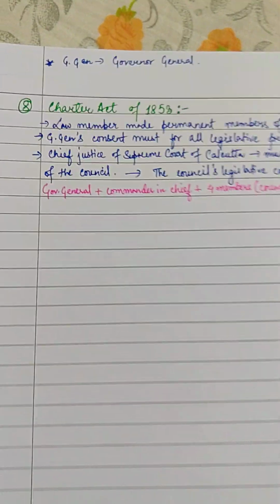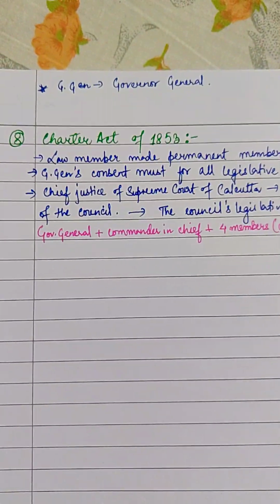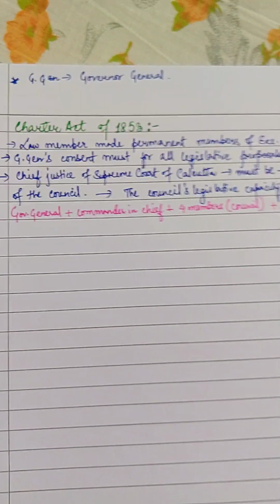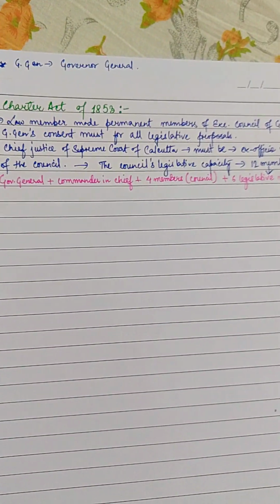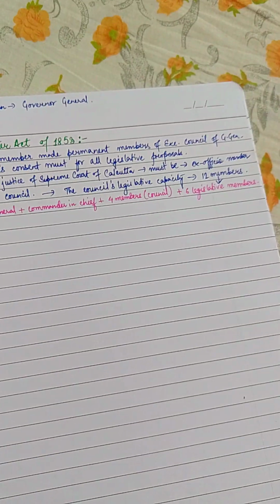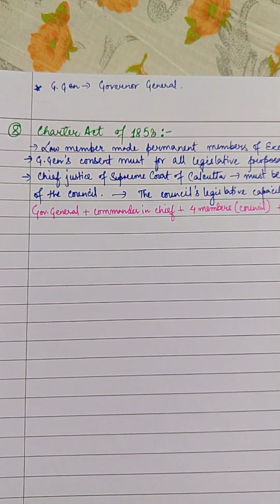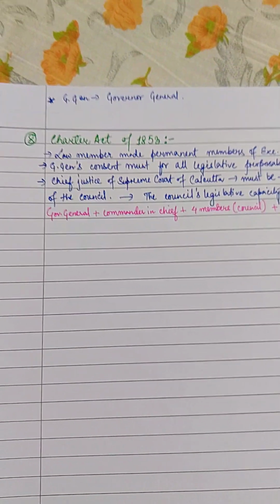Now we will move on to another important Charter Act, that is the Charter Act of 1853. Here this act states that law members were made permanent members of the Executive Council of the Governor General. G.Gen, in short as I have written there, means Governor General.